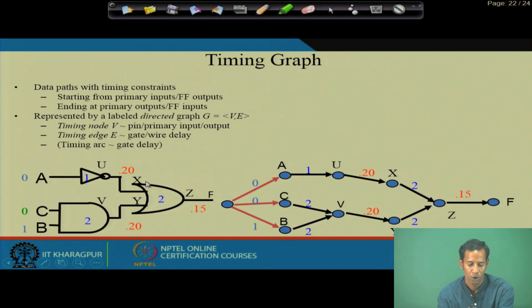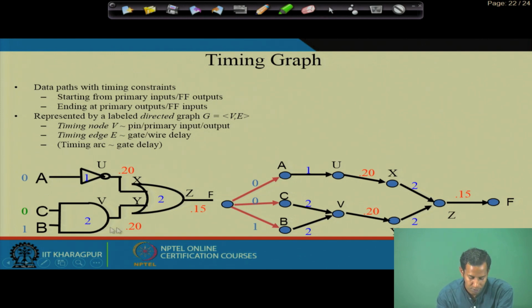Data paths with timing constraints start from primary inputs or flip flop outputs and end at primary outputs or flip flop inputs, represented by a levelized directed graph G consisting of V and E, where the timing node V is the pin or the primary inputs or outputs, and E is the gate or wire delays.